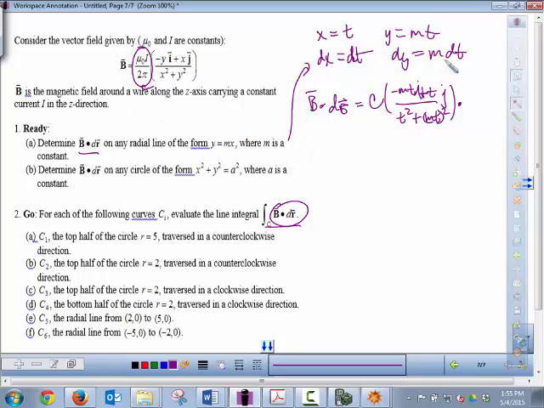And then we dot this with r prime of t, the derivative of these things.